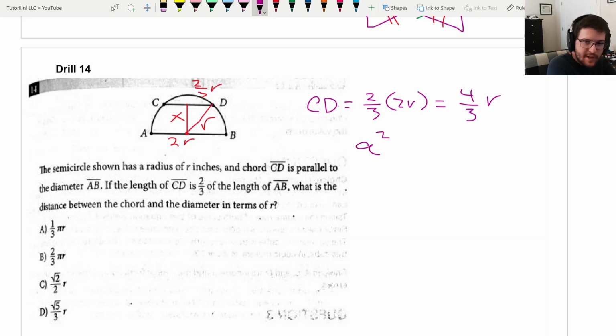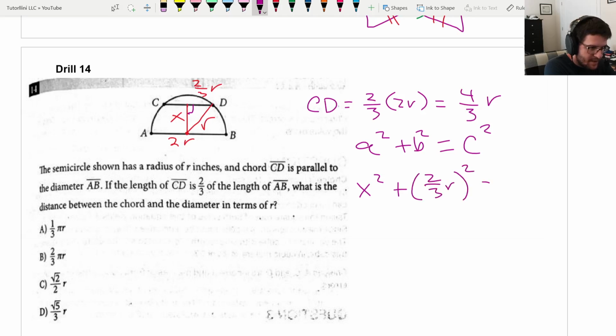So we're going to use the Pythagorean theorem, a squared plus b squared equals c squared. That's kind of a theorem they test you on once in a while, that if you draw a perpendicular from a chord to the center, it cuts it in half. Okay, so we got x squared plus 2/3 r in parentheses squared equals hypotenuse squared, so r squared.